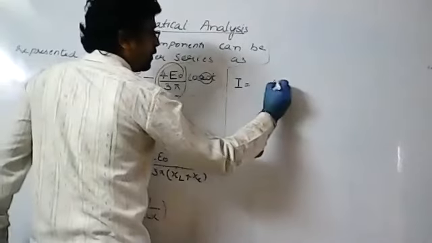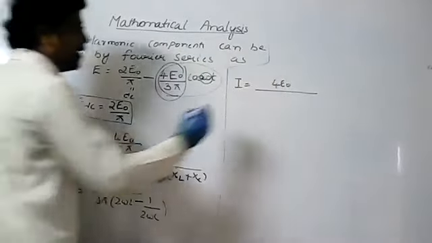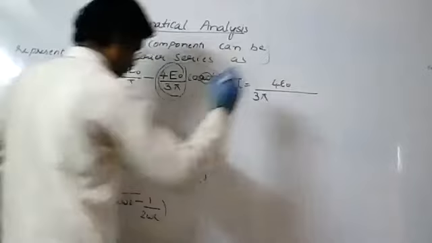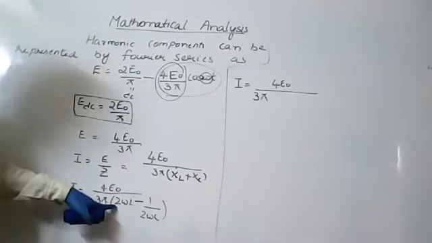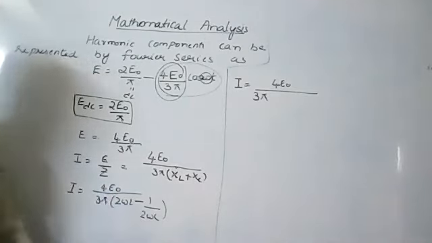So 4 E naught divided by 3 pi. So 2 omega C, when it comes here, 2 into 2, 4. Omega into omega is omega square. C into L is LC.